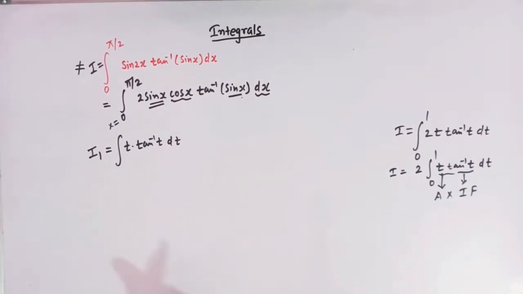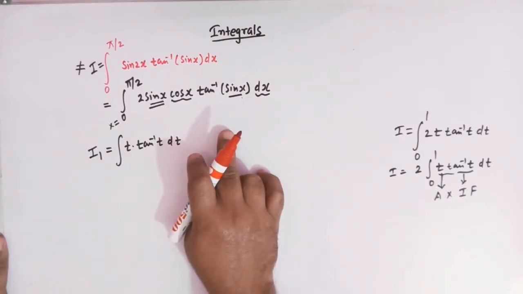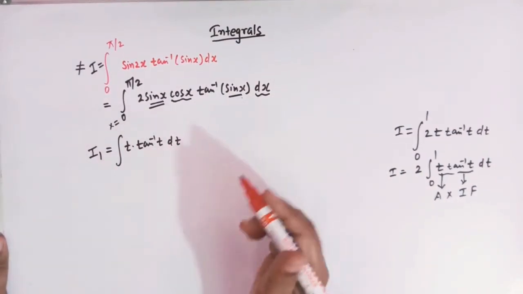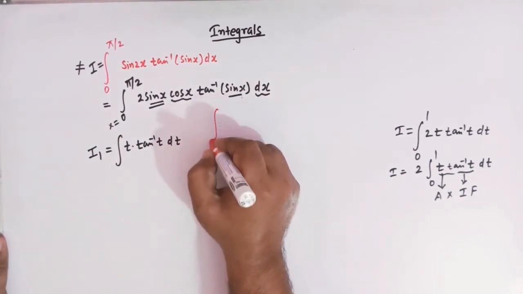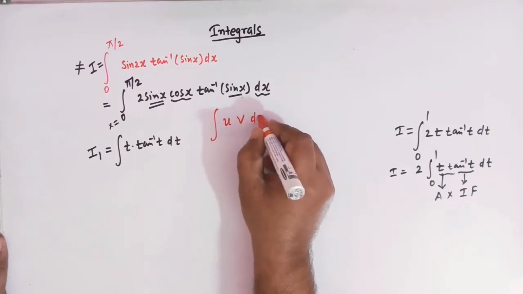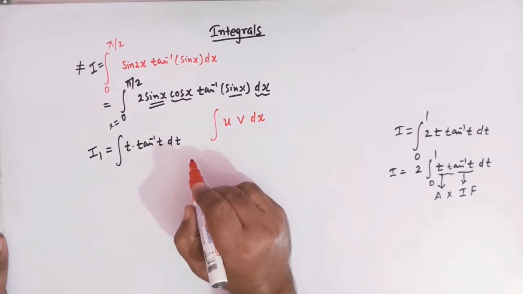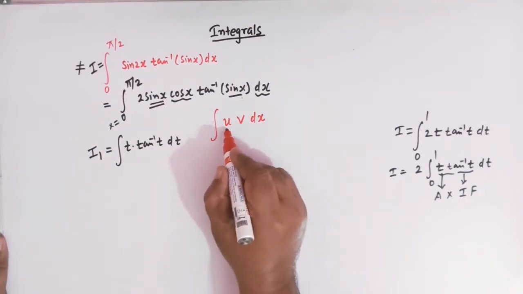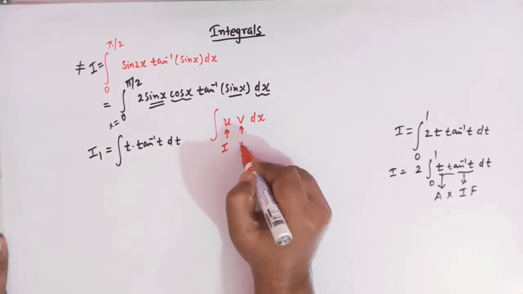So now let us first quickly see the definition of integration by parts, or the rule for integration by parts, right? Suppose we have the product of two functions u and v, right? And u and v are functions of x. So this we can take u as the first function and v as the second function.